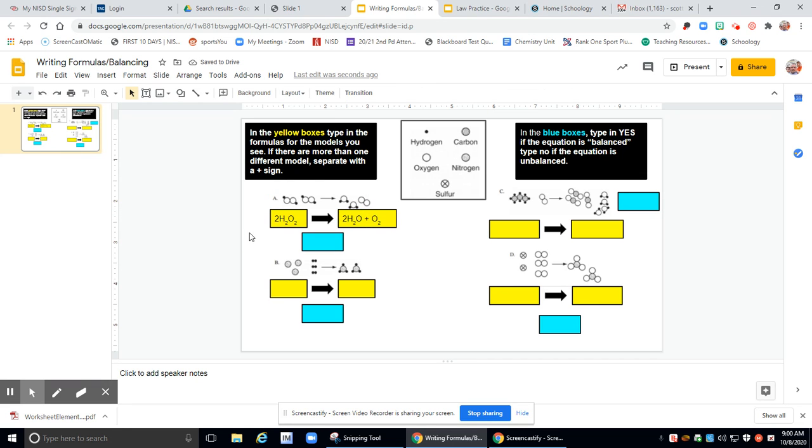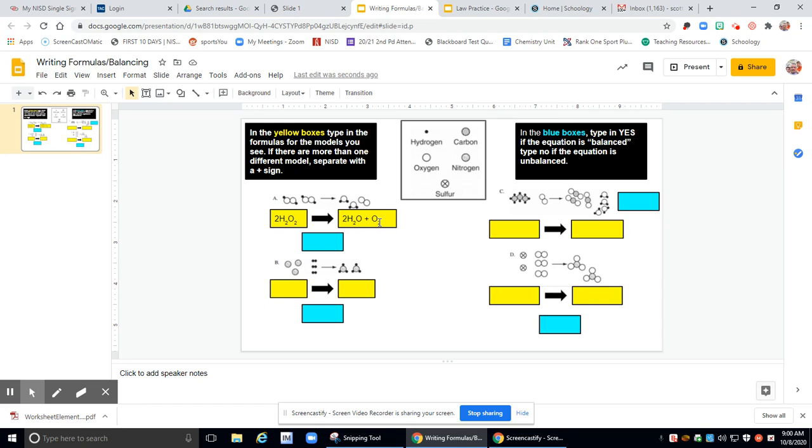Okay, so basically what this chemical equation is showing you is a decomposition reaction where hydrogen peroxide, H2O2, decomposes or breaks apart into water, two molecules of water and one molecule of oxygen.